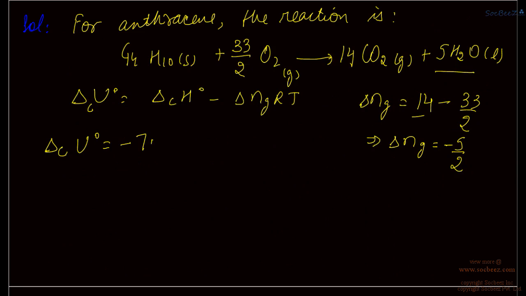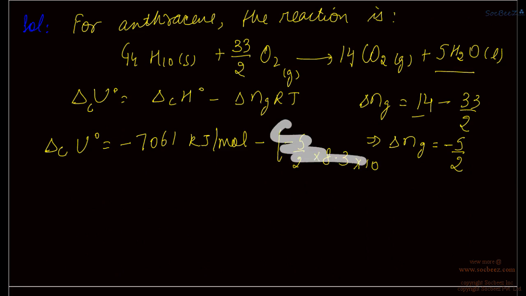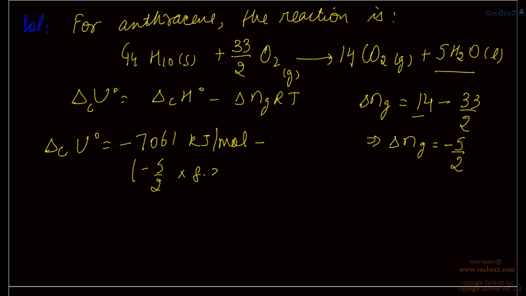Hence this is minus 7061 kilojoule per mole minus minus 5/2 into 8.3 into 10 raised to the power minus 3 kilojoule per Kelvin per mole into 298 Kelvin.